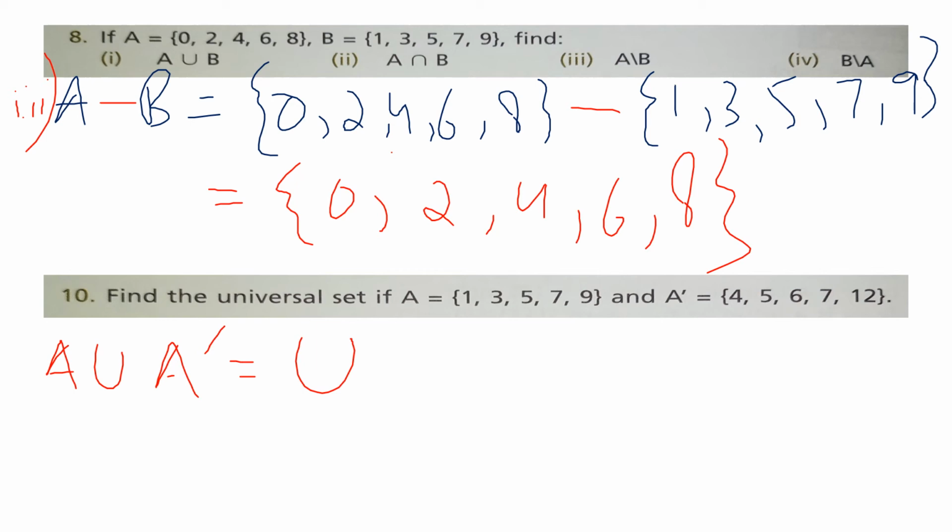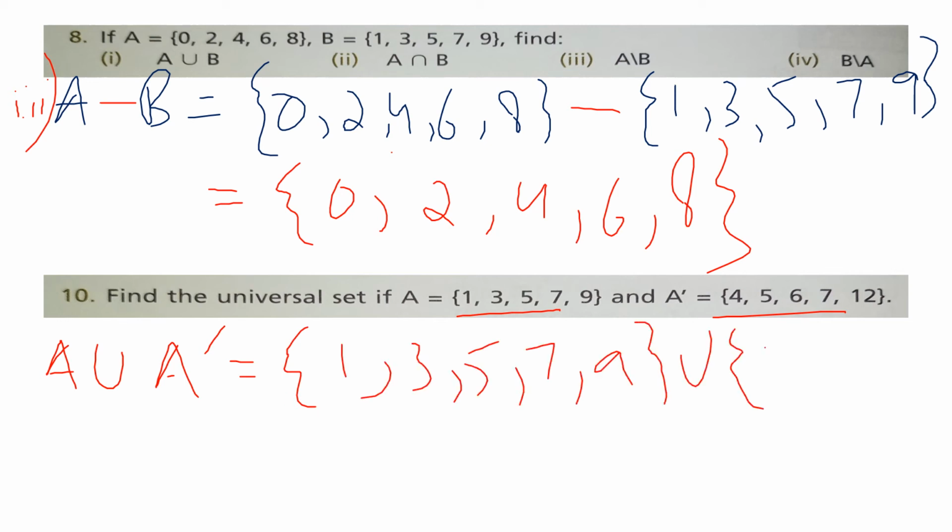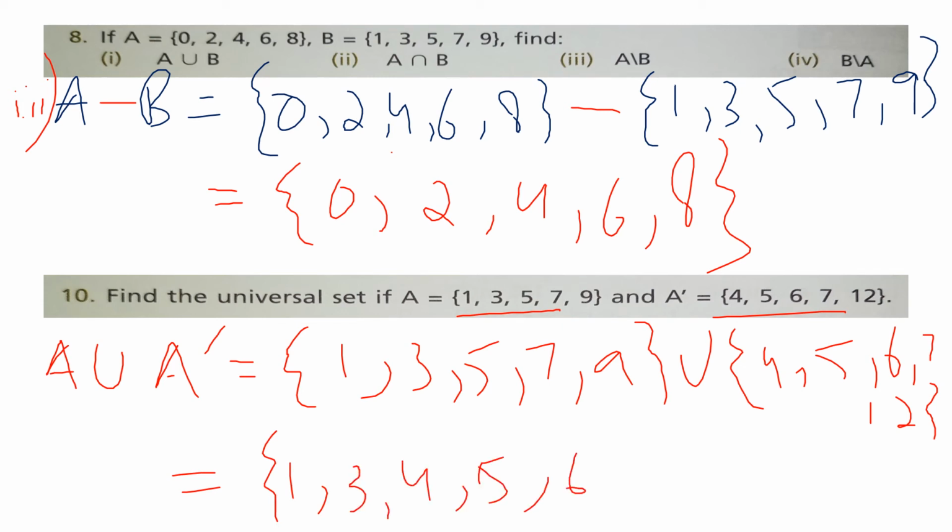So you will take the union of A and A complement. Let's take the union of A and A complement: 1, 3, 5, 7, 9 union 4, 5, 6, 7 and 12. So what will be the answer? 1, 3, 4, 5, 6, 7, 9 and 12. So this is the universal set.